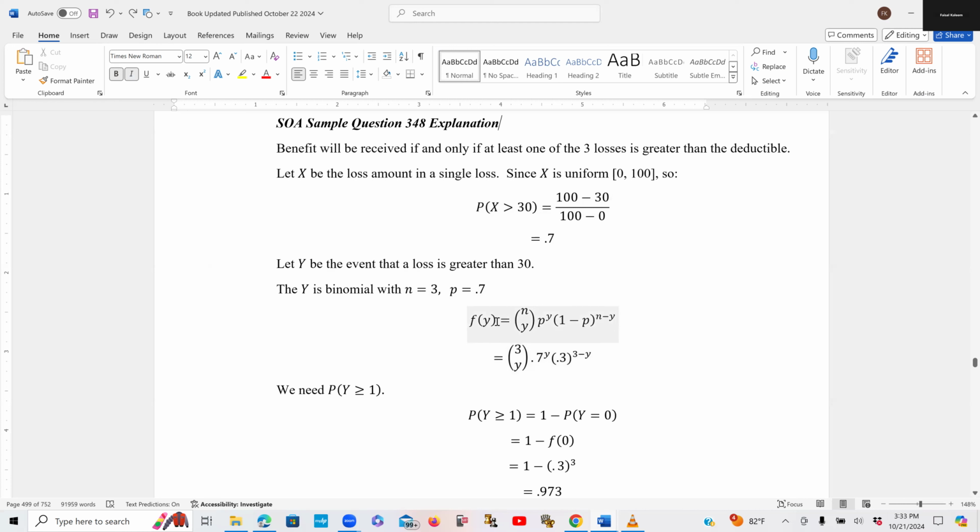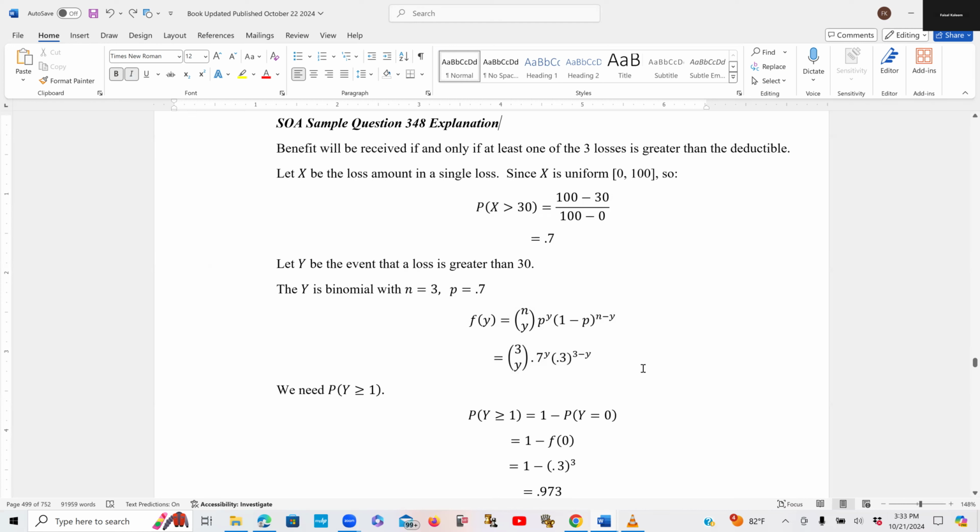And so f of y according to the binomial PMF will be 3 choose y, 0.7 to the power y, and 1 minus 0.7 is 0.3, so 0.3 to the power n minus y, and n is 3.